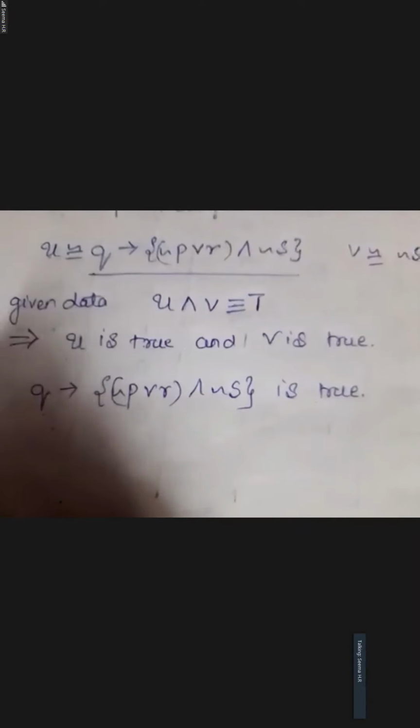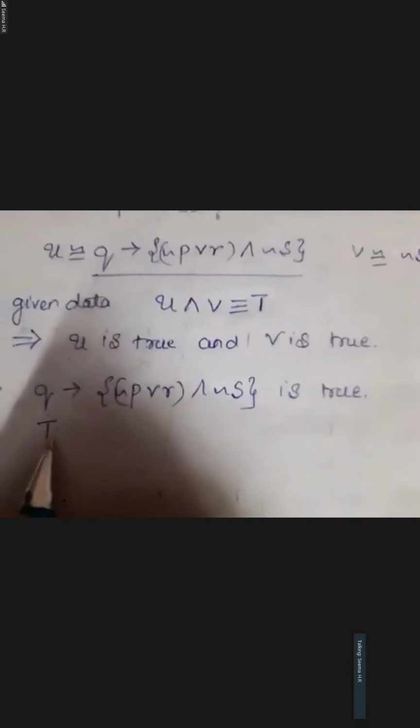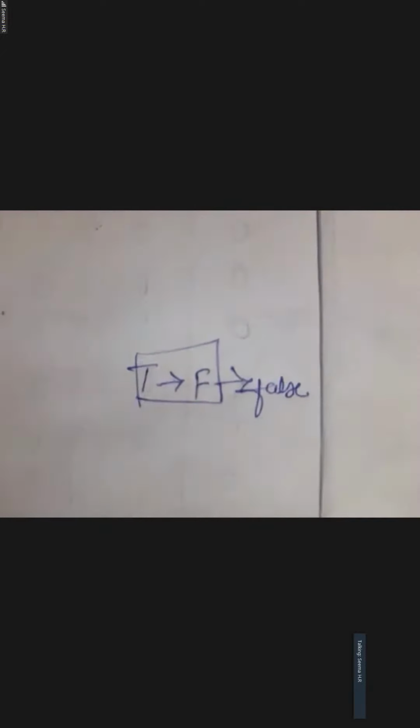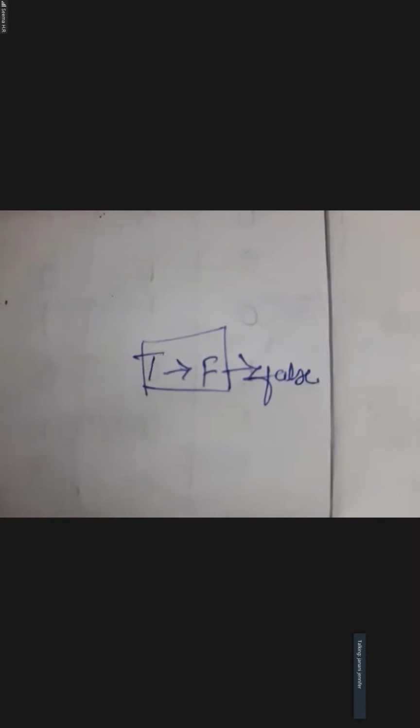Conditional means, say, this implies that. Okay, Q is true. Correct? From the given data, I'm already having Q is true. See, conditional will become false only when the condition true implies false is there. So this is the only condition where the conditional will become false. Correct? Do you agree with me? Yes, ma'am.